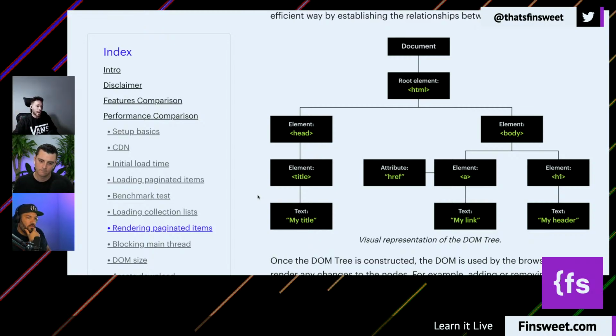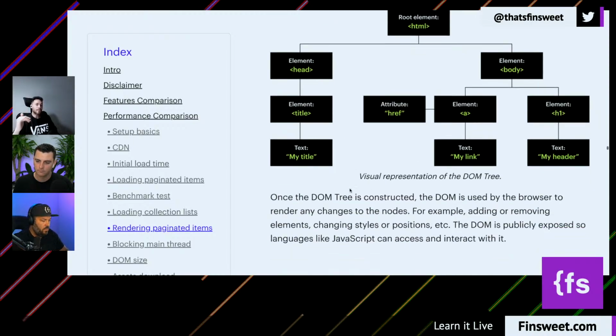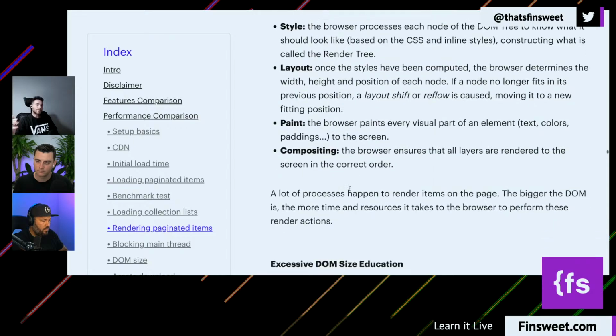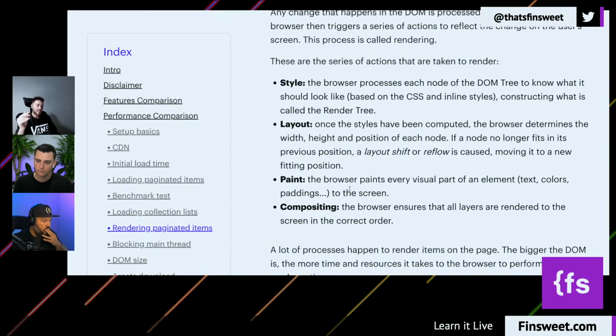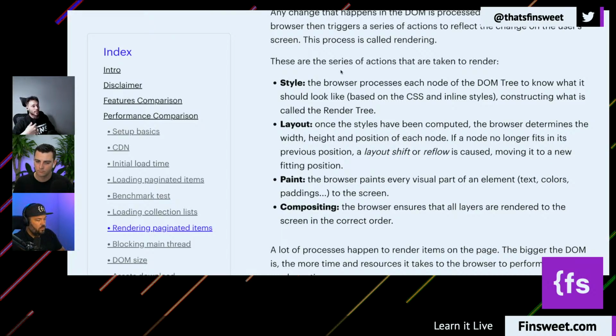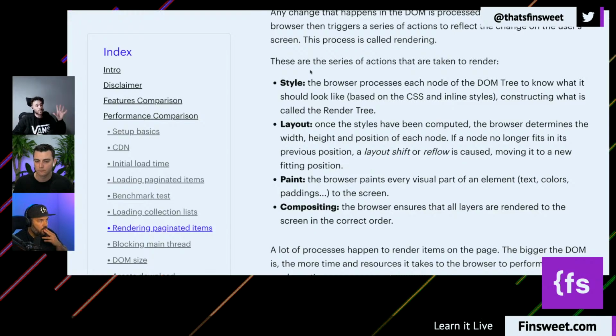So the more elements that you have, the more things the browser is going to need to process, right? And if you move a little bit down, it's very interesting to know the exact process that the browser takes when we are doing something. From the moment that the browser wants to show you something, it needs to take some things into consideration.